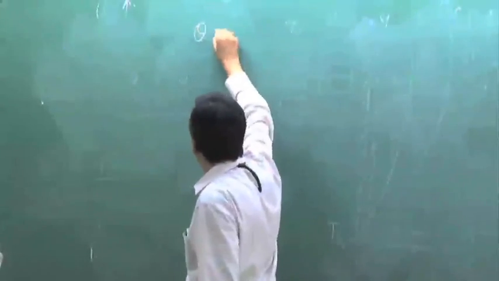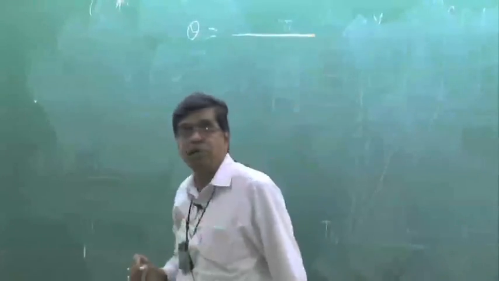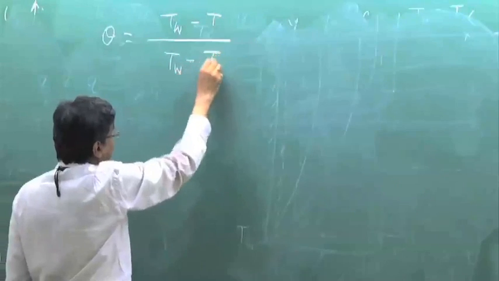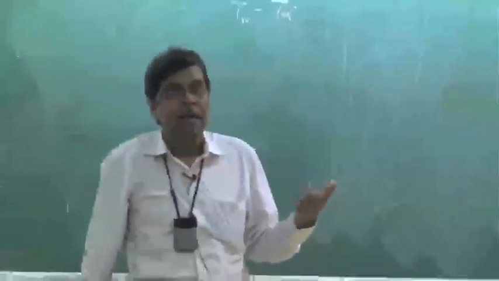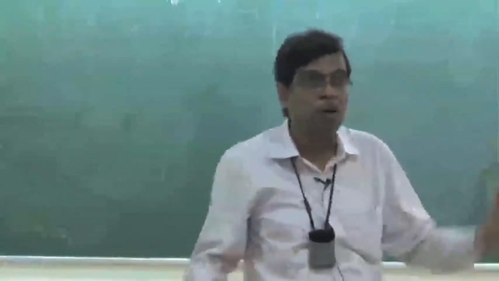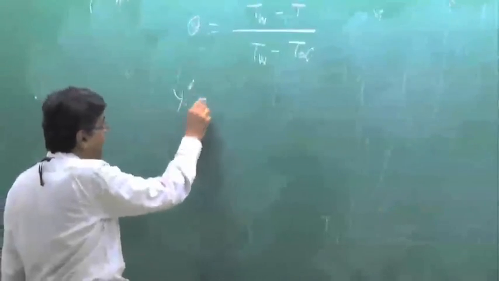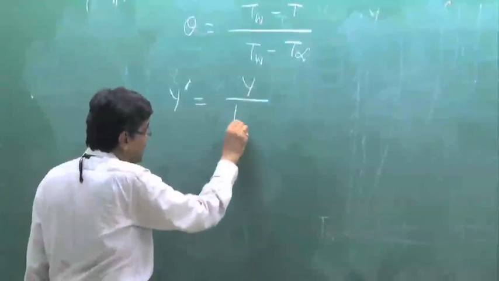Let us define a non-dimensional temperature in this way, which is the convention for external flow: the surface temperature minus the temperature in the fluid divided by Tw minus T infinity, which varies from 0 at the surface to 1 at the edge of the boundary layer. It is not dependent upon the actual value of Tw and T infinity. So it is normalized. Non-dimensional variable means normalized variable. Let us make y non-dimensional as y dash by using a reference length scale.